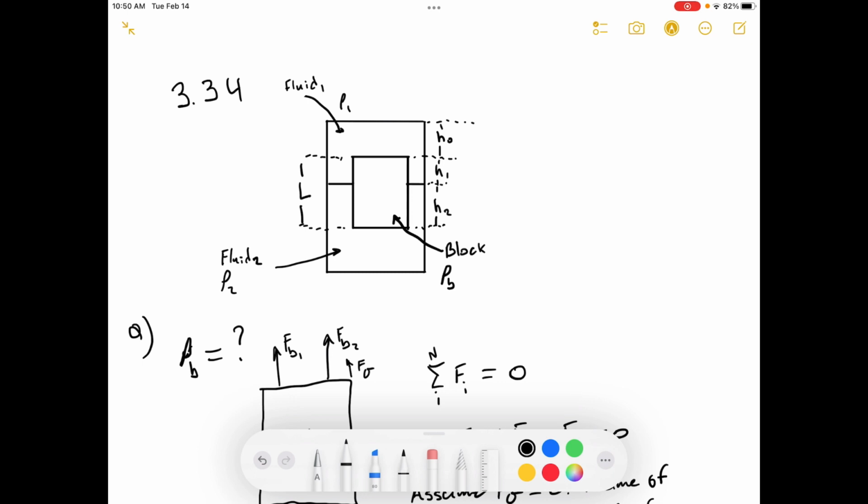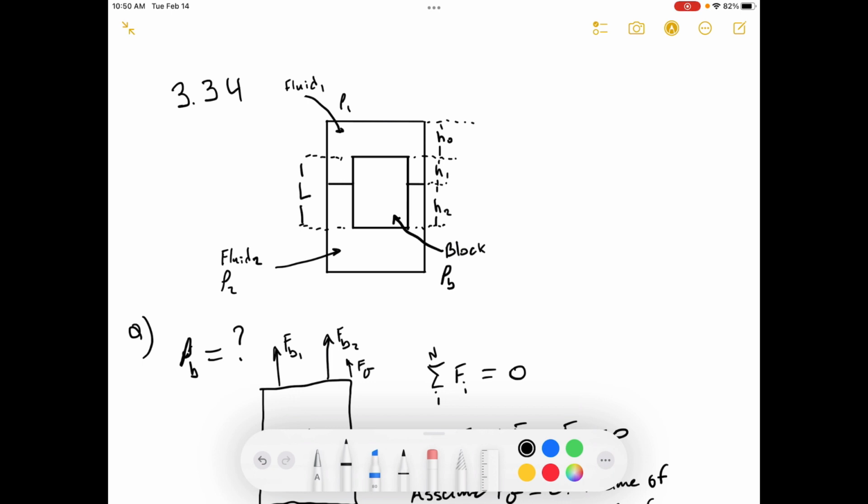And I've got their diagram here. Part A, derive a formula for the block density in terms of the fluid densities, rho 1, rho 2, the heights, h0, h1, and h2, and the cross-sectional area, A. It's not necessary that all of these variables appear in the final result.